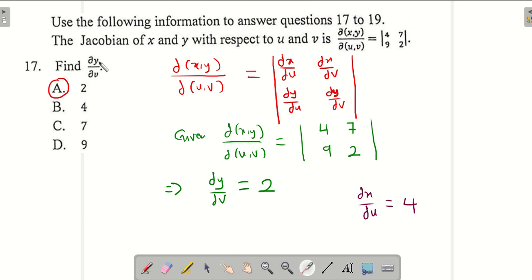So you can compare. The question says find dy/dv. So dy/dv will be 2. This part is 2, and that is the answer. When you compare, dy/dv is this. dy/du is 9. dx/du is 4. dx/dv is 7. So our dy/dv is 2.